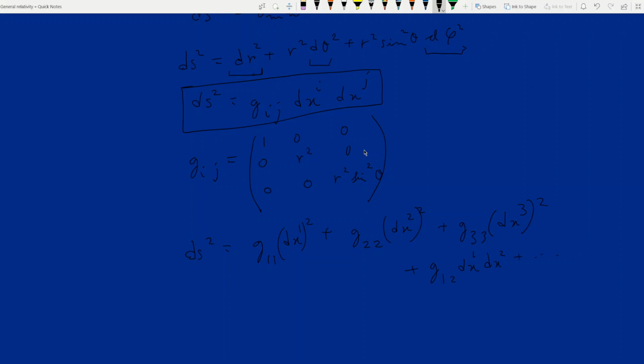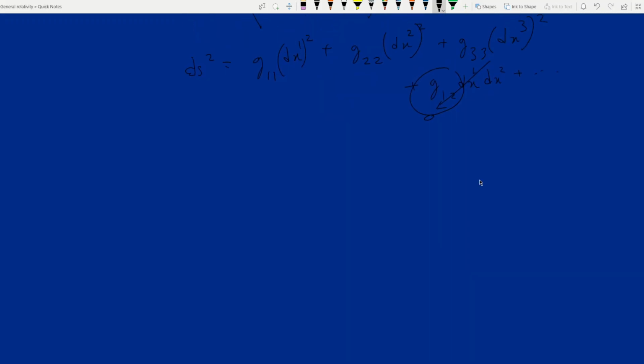Well, for those terms, say g12, the first row second column element is basically 0, right? So likewise all the other terms will be 0, and we will be left with only these 3 terms, which consist of g11, g22, and g33.